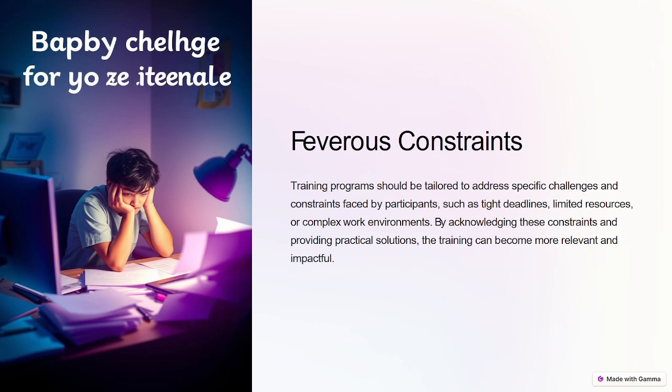These are the 3 to 4 important factors which the management should keep away from the executives at the time of training, so that it creates a relevant and impactful training. This is called frivolous constraint. Ma'am, please go to the next slide.